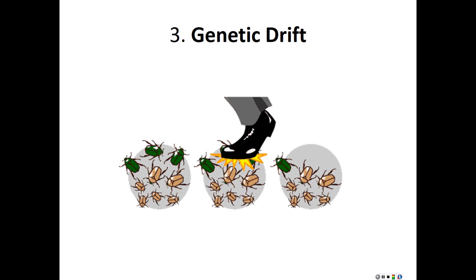So a chance event that causes a change in allele frequency among generations. There's no driving force here. It's just random chance. And this is especially an issue in small populations.